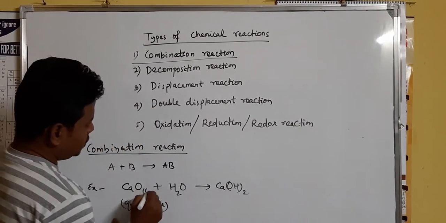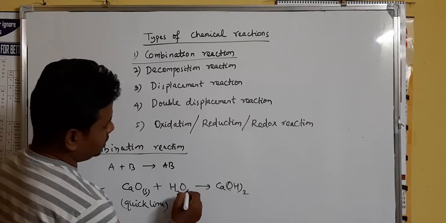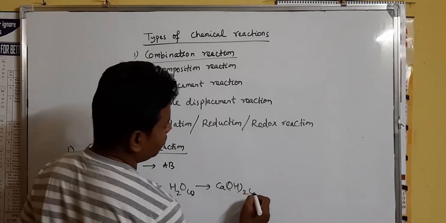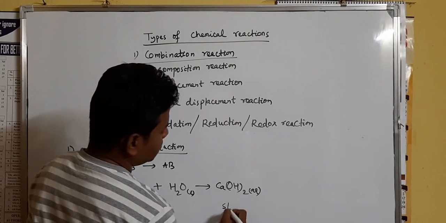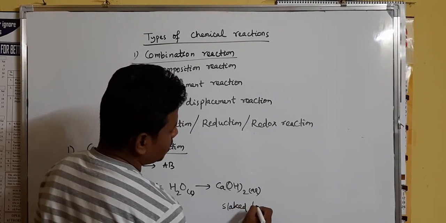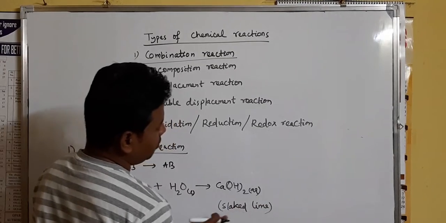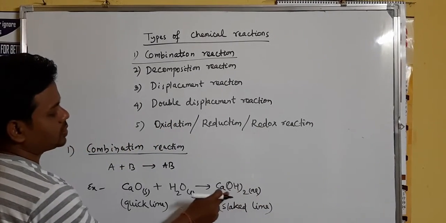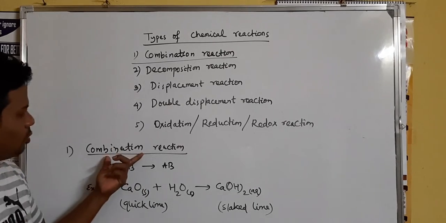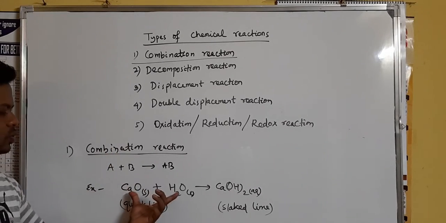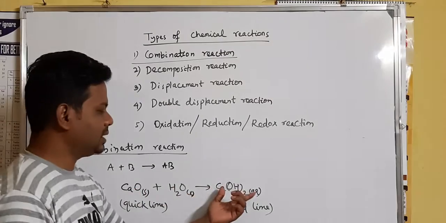So the solid form of calcium oxide when reacting with liquid forms aqueous calcium hydroxide. This is known as slaked lime, the common name of aqueous calcium hydroxide. So this reaction can be called a combination reaction because two reactants combine to form a single product.